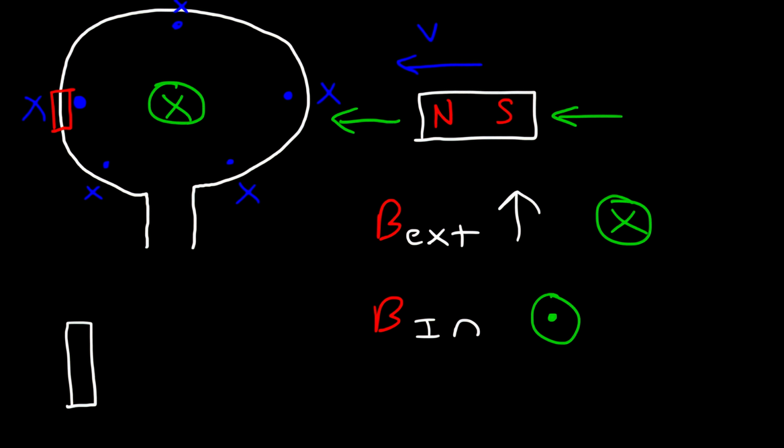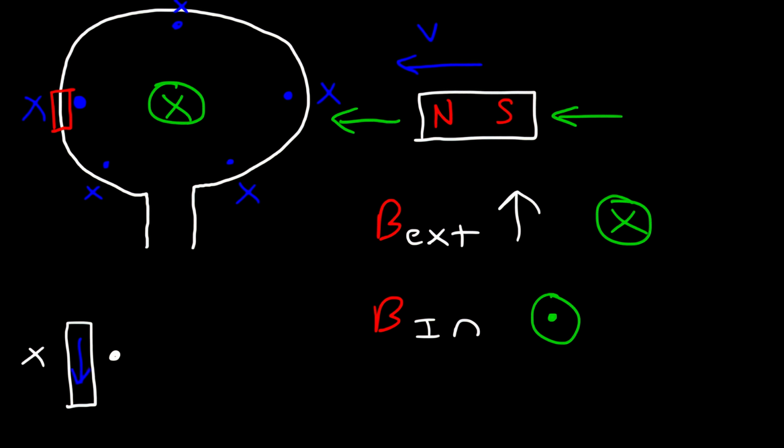Now, what is the direction of the current if we have a wire where the induced magnetic field is going into the page on the right side? I mean, out of the page on the right side, but into the page on the left side. So hopefully you remember those two pictures that we went over. The induced current has to be going in this direction.